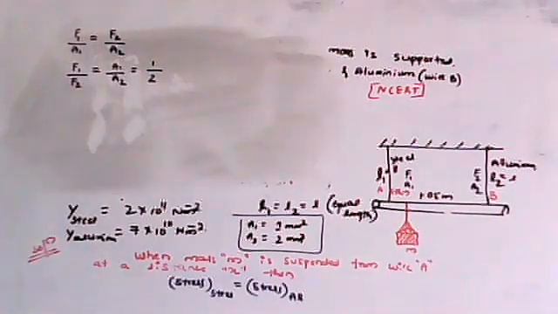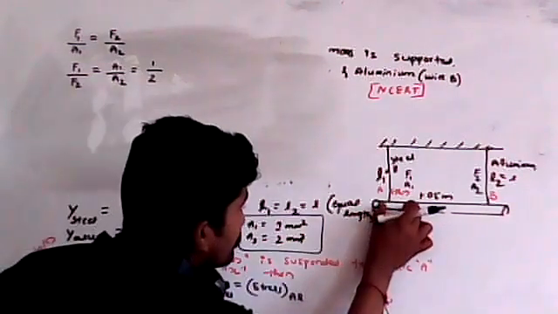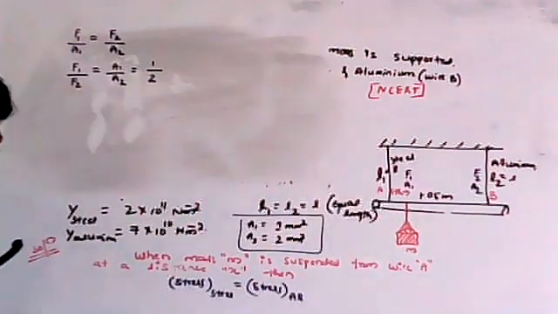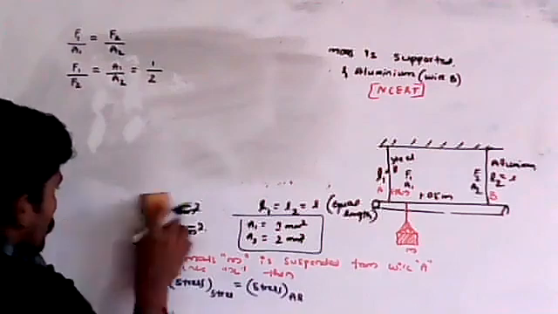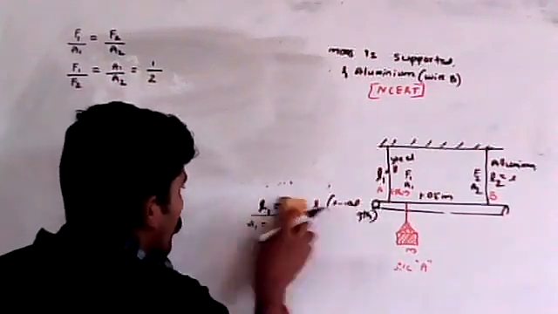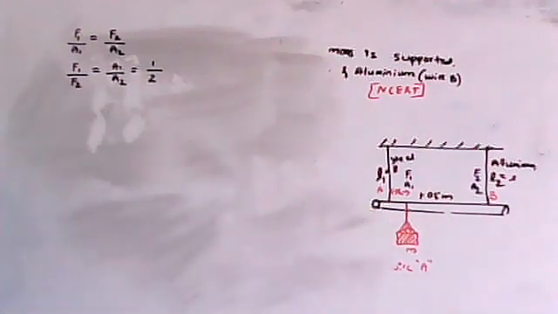Good. Then remember, students, now I have to take this distance. I want to calculate this distance x. For that I have to use one more formula. What is that formula? Moment of force.